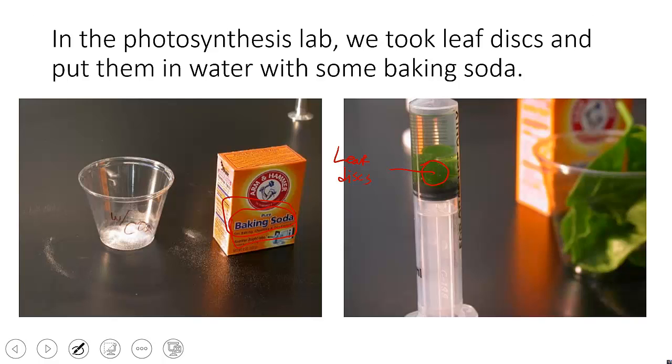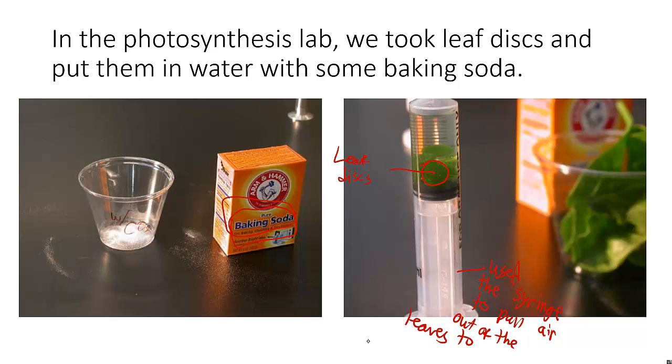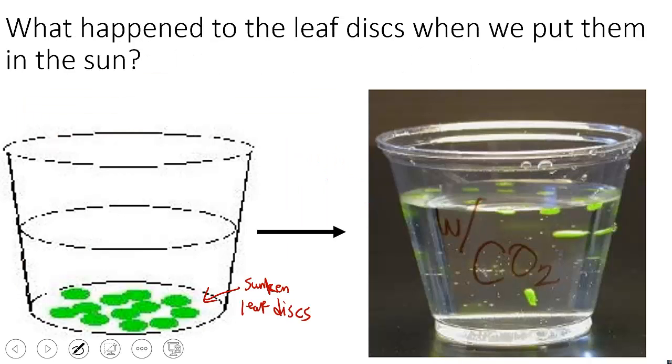We used the syringe to pull air out of the leaves to make them sink. Okay? So we had all of these sunken leaf discs sitting on the bottom of our cup.